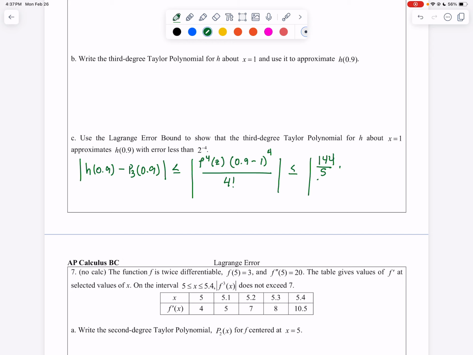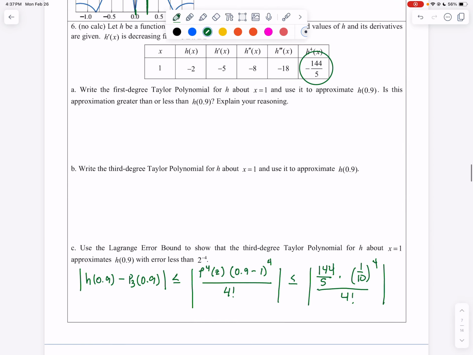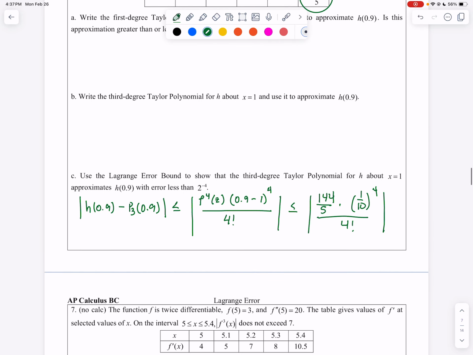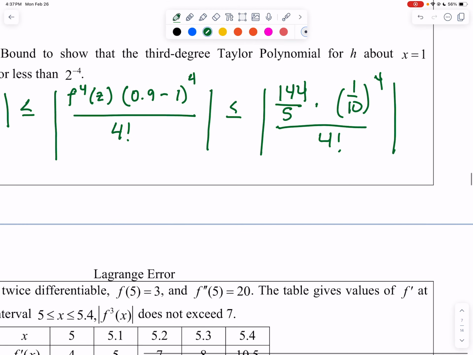And then that's going to be 0.1, so 1/10 to the 4th over 4 factorial. Now this is a no calculator problem, so you kind of do need to simplify this so that it's a little bit pretty. Okay. Let's see.